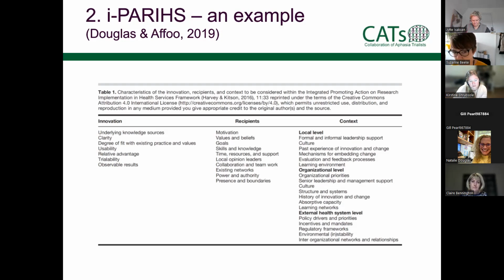So in this project, rooted in this IPARIHS framework, we tried to collect data directly from nursing assistants to look at characteristics of the innovation, which in this case was external memory aids, the recipients, which at this point were the people living with dementia and the certified nursing assistant, and then the various aspects going on in the context.